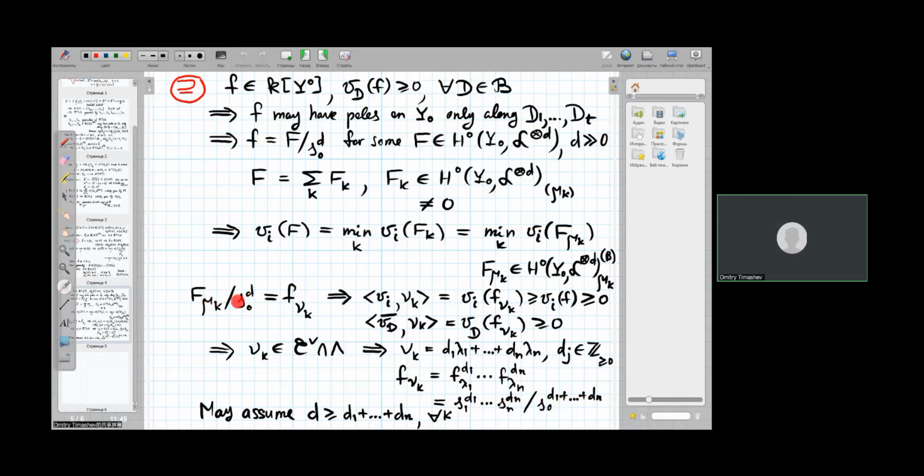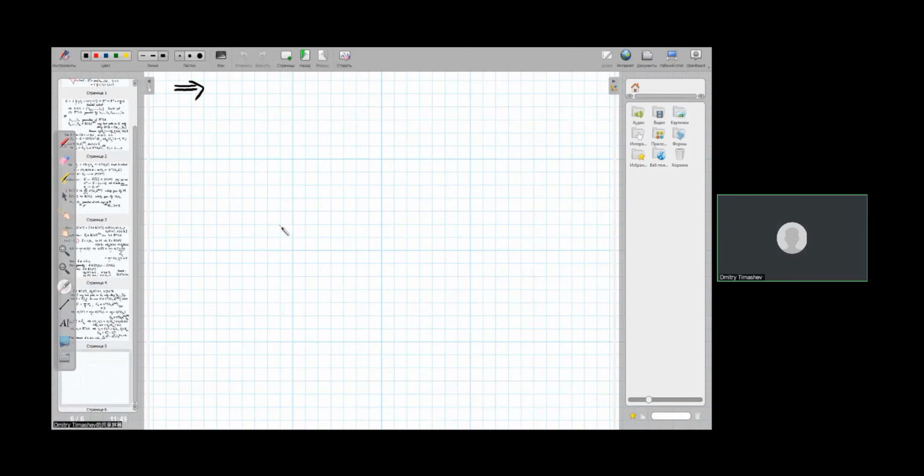If you multiply both fractions with the denominator of this fraction, with s naught to the power d, then we get that f mu k will be equal to the following: s naught to the power d minus d1 minus etc. minus dn, times s1 to d1, etc. sn to the dn.